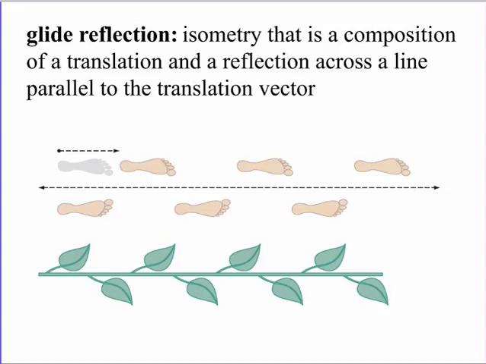Okay? A glide reflection is a lot more easily identified than it is defined. So it's an isometry that is a composition of a translation and a reflection across a line parallel to the translation vector.